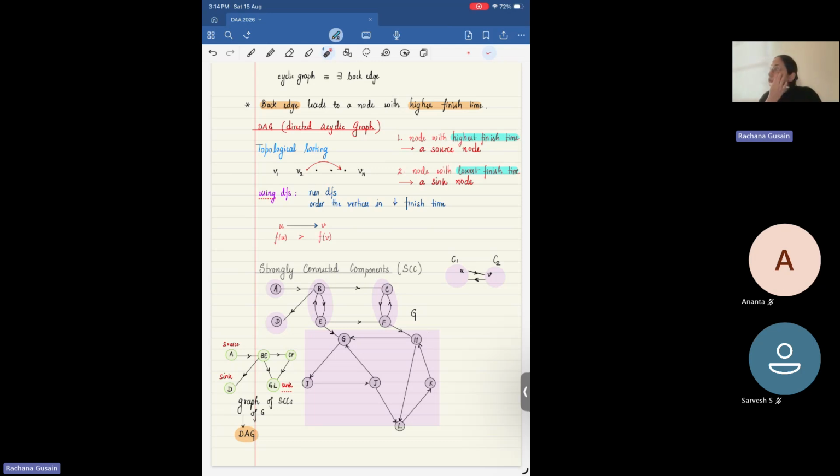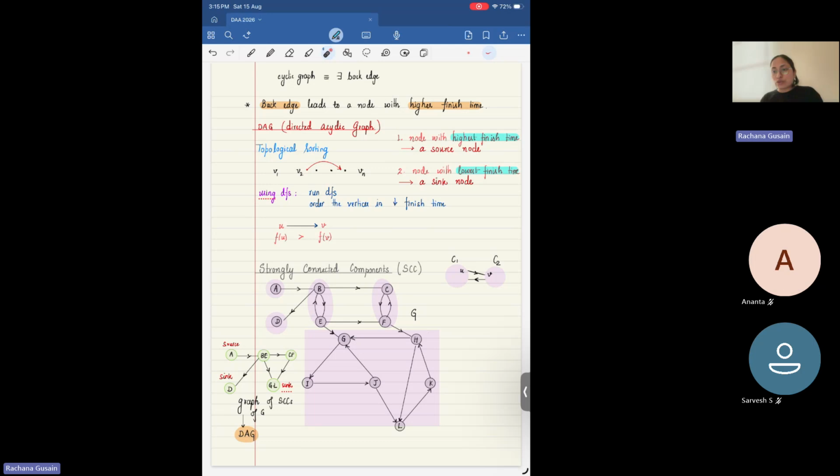So today we are going to look at two applications of DFS. In the previous class, I just started with strongly connected components. That is one application of DFS. In fact, how to do topological sorting using DFS is also an application of DFS. But these are more non-trivial examples.